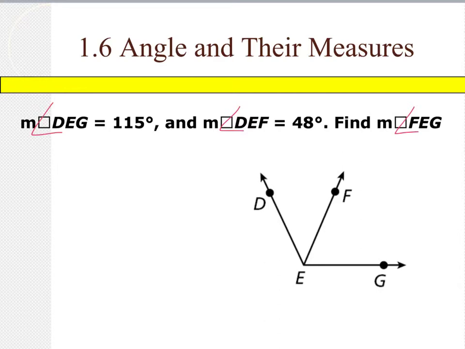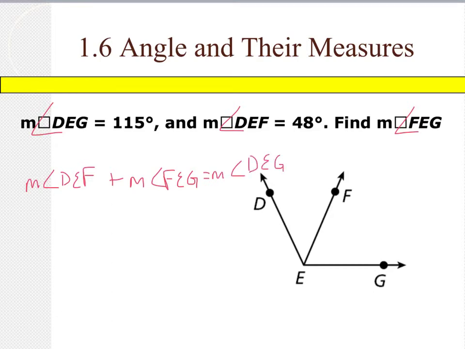All right, so the very first thing is I'm going to set up an equation. According to the angle addition postulate, the measure of angle DEF plus the measure of angle FEG is equal to the measure of angle DEG.